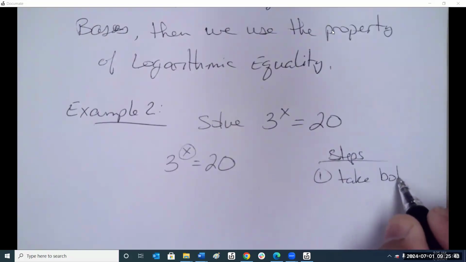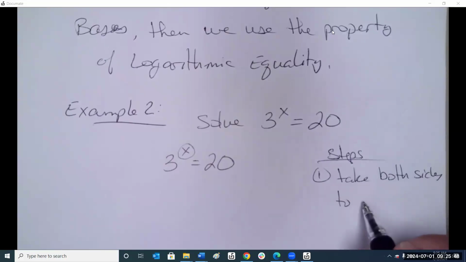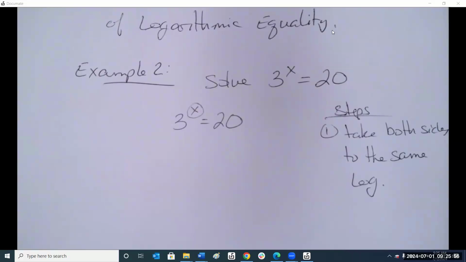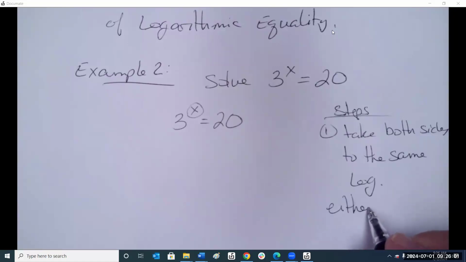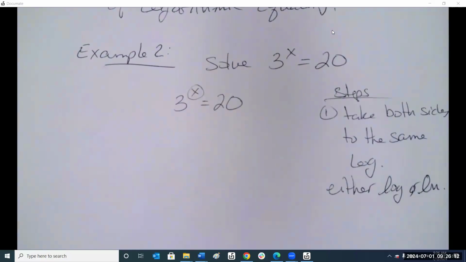Take both sides to the same log, either a natural log or a common log, either log base 10 or log base e.